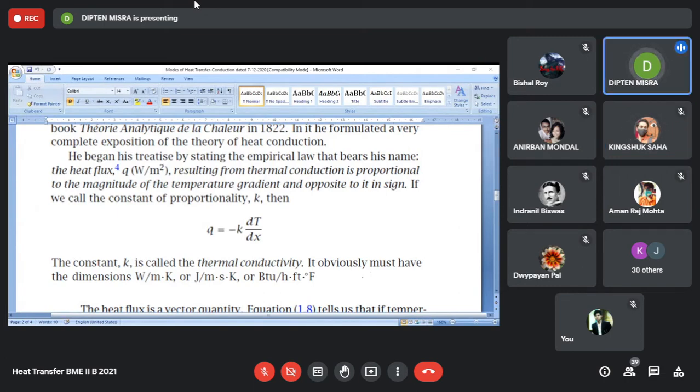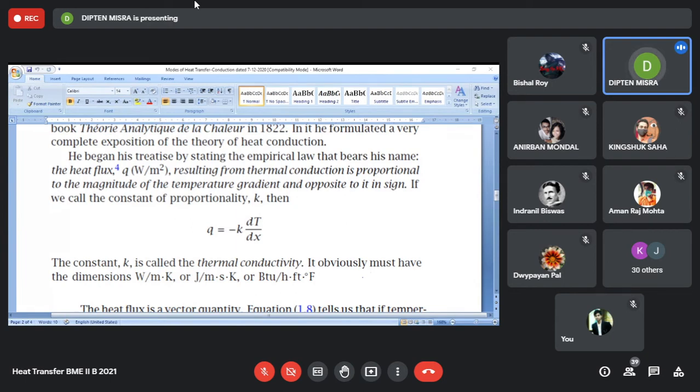We have considered. I try to tell things in a gradual way because there is a lot of things to be covered. First, we try to discuss the temperature variation in space. So what we talked about is that temperature is a function of x only, not a function of y and z.